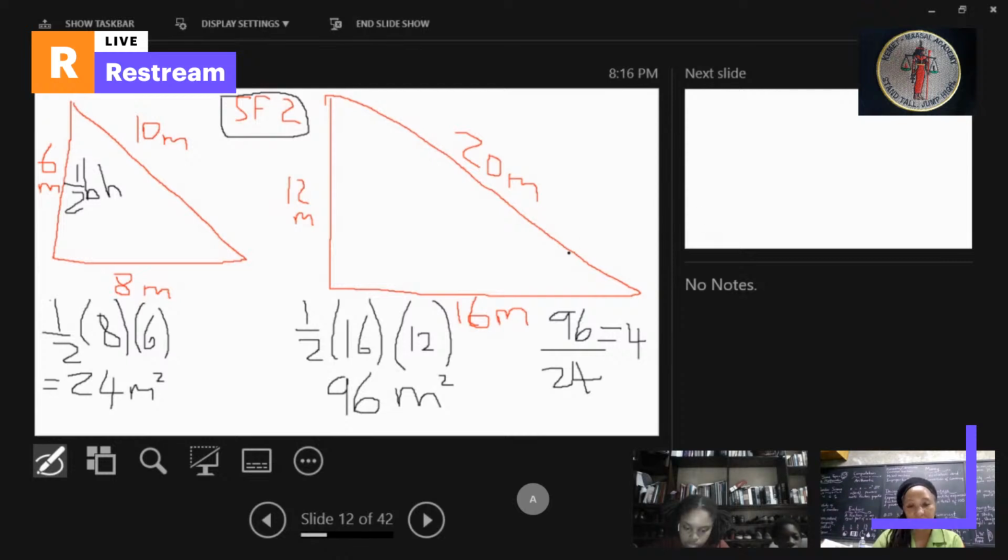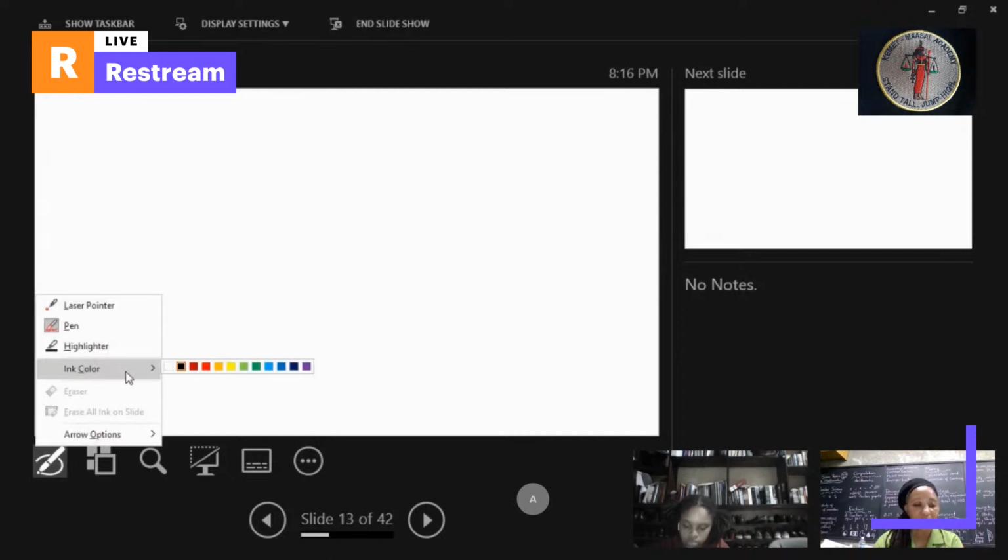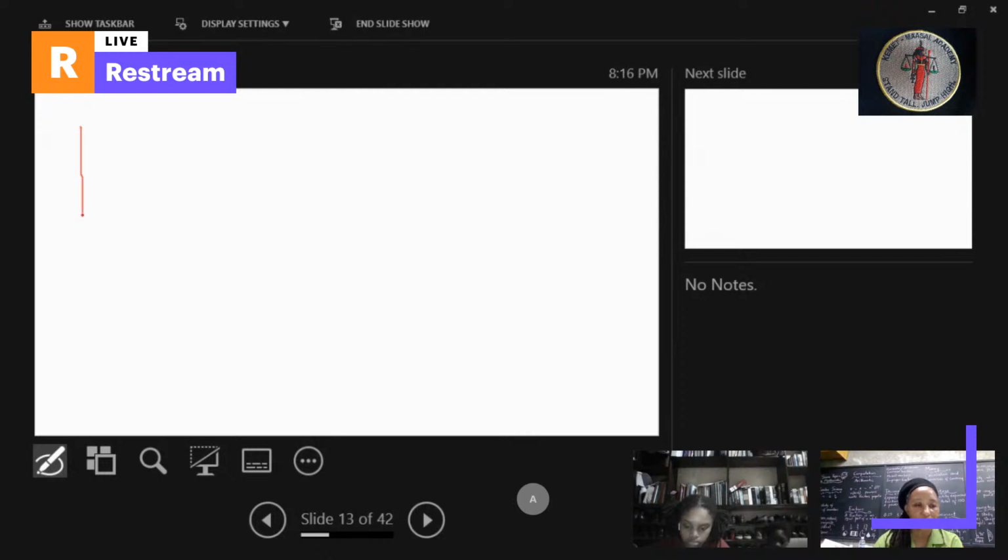All right, but we need to do more experiments. So, here's your triangle. The small one is our regular triangle, everybody knows this triangle, the famous triangle.